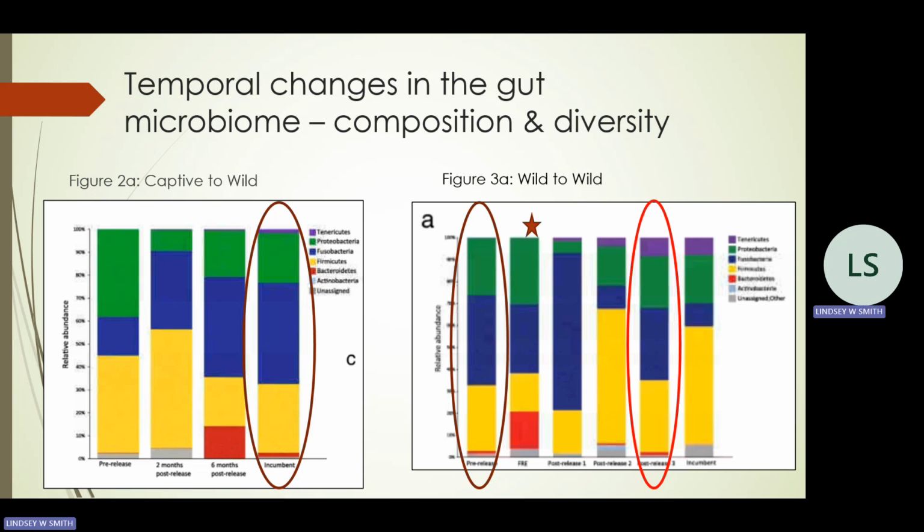I thought it was also interesting to note that in regards to the captive-to-wild cohorts, they compared their 8 captive devils to 7 wild incumbents. And also the two dark red circles demonstrate, or at least to me demonstrated, that they did in fact choose wild incumbents in the second study compared to animals that had been released to Maria Island, because you can see some similarity there in regards to the baseline of those two cohorts.